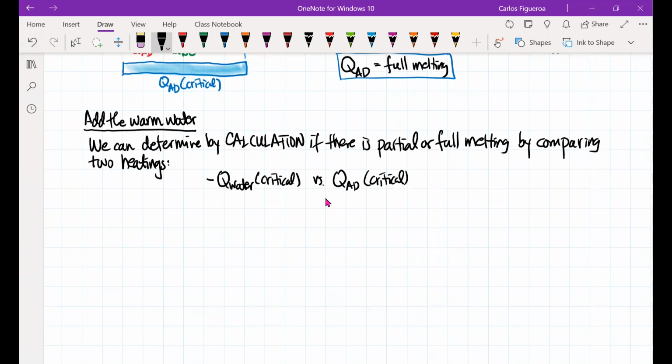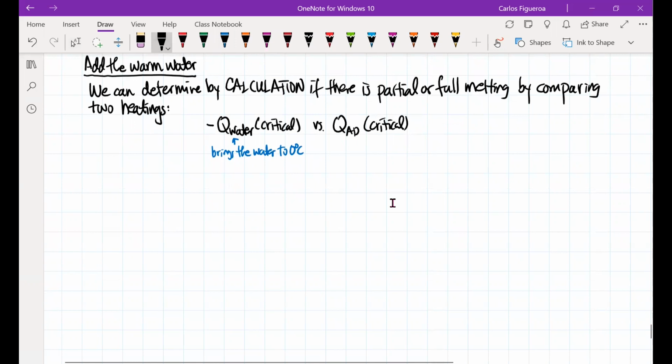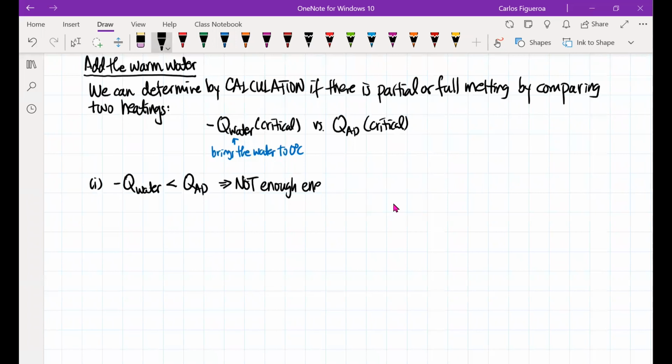So that means that when I'm looking at this thing right here, what this is really telling us is that it brings the water to 0 degrees C. And so if I start to look at this thing, here's what I find: if minus Q of the water is less than QAD, now remember, these are the critical values, this means that there's not enough energy to melt all the ice.